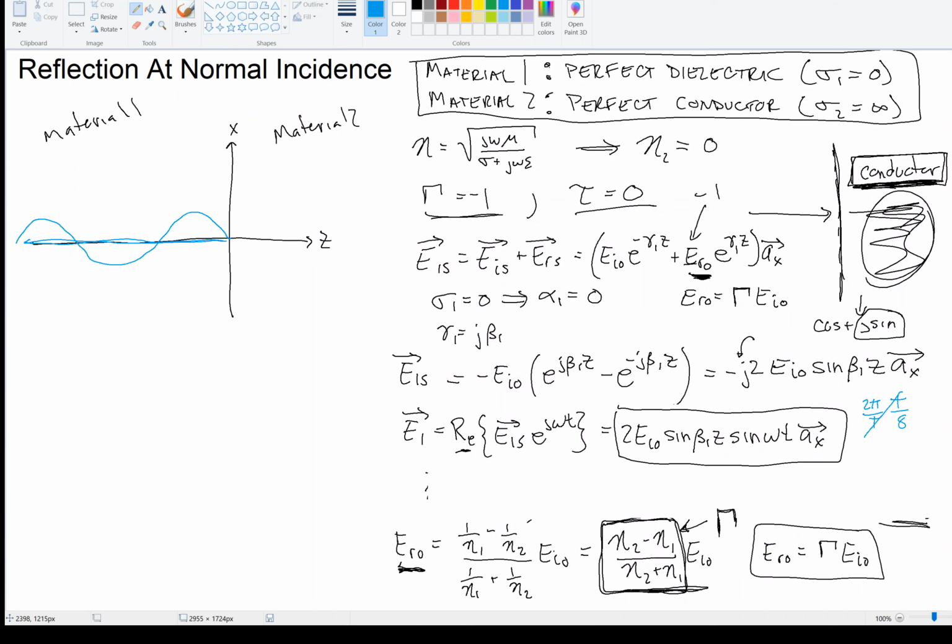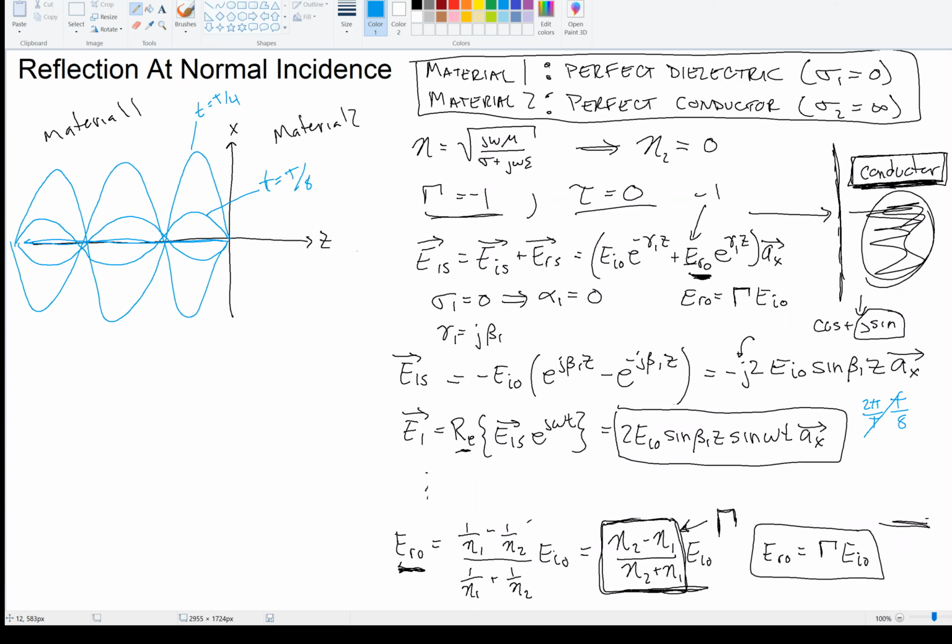And then if we plugged in t equals T over 4, what we would have is something like this. Okay, so this was t equals T over 8, and this is t equals T over 4, like this. And you can plug in other values of t, and you'll see something like this.